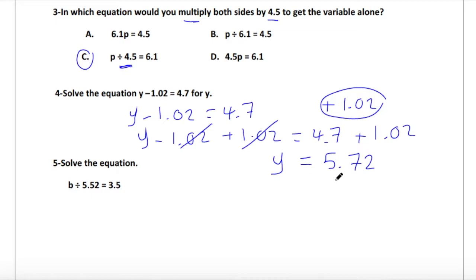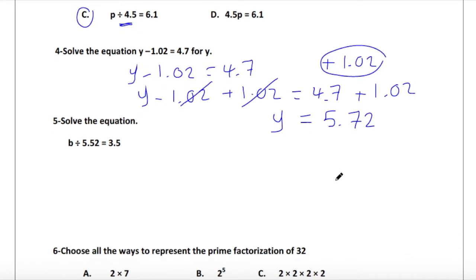Next one, solve the equation b divided by 5.52 equals 3.5. Now we have to multiply both sides by 5.52. Why? Because multiplication is the inverse operation of division.